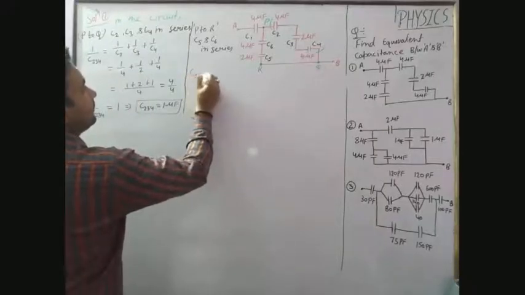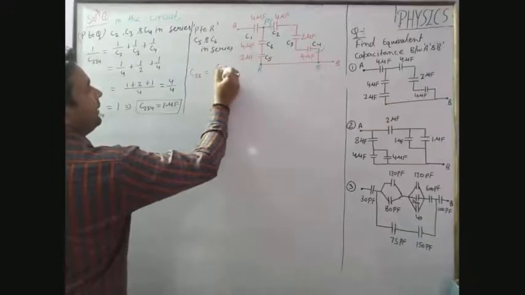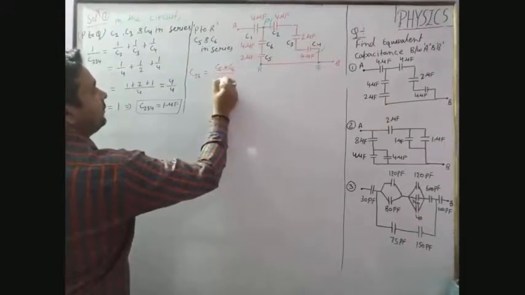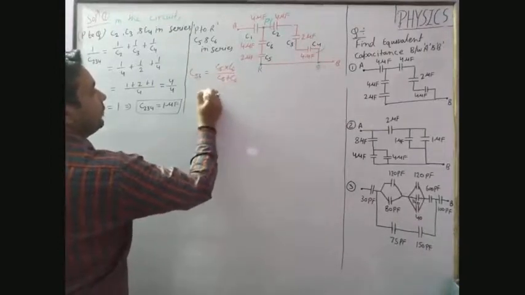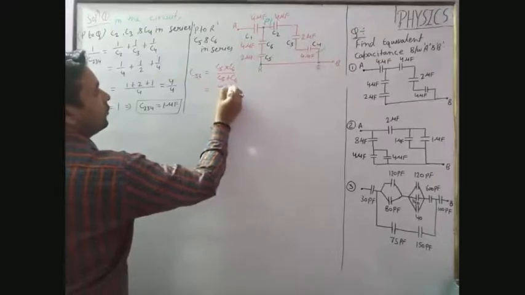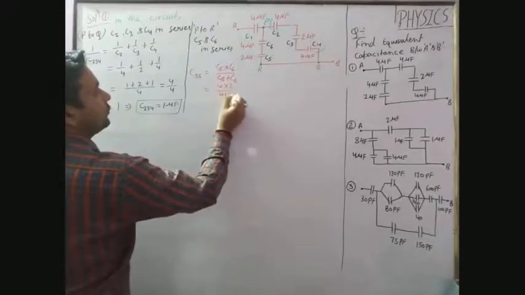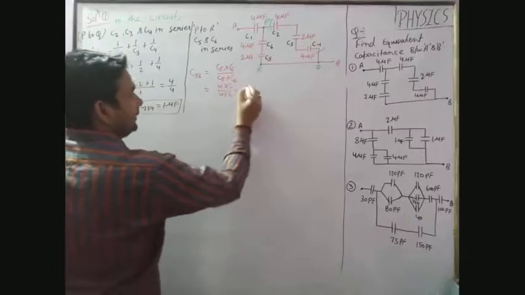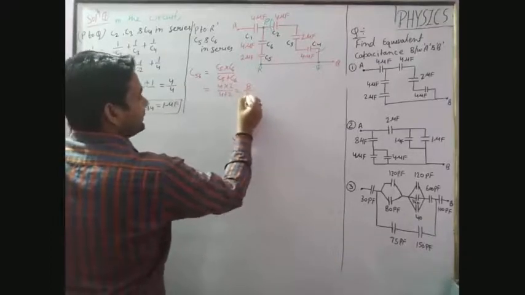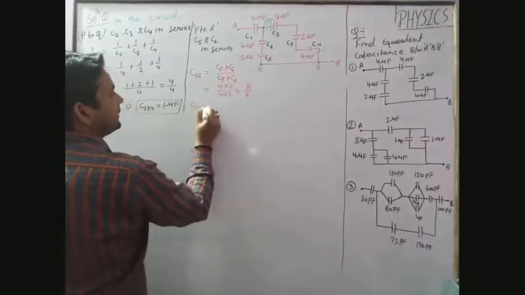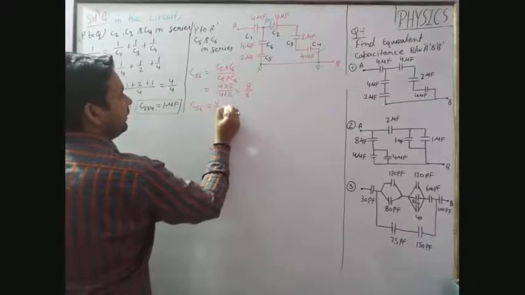Now see here, C56 is C5 into C6 upon C5 plus C6, which is 4 into 2 upon 4 plus 2. This you will calculate as 8 by 6, that is C56 is equal to 4 by 3 microfarad.